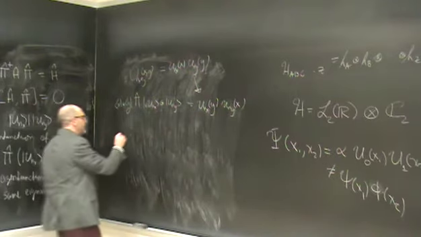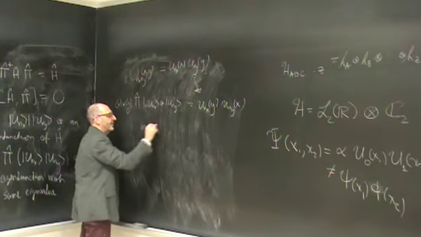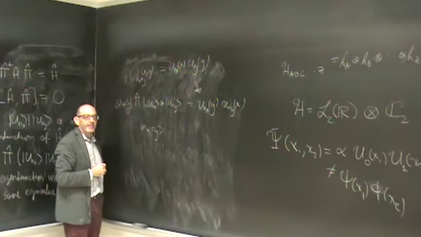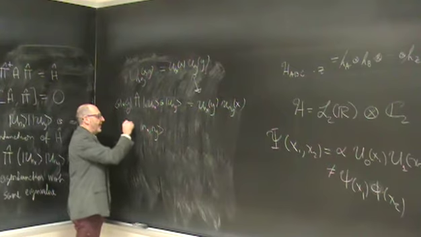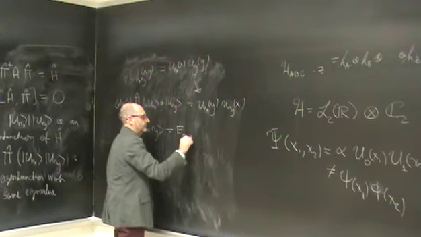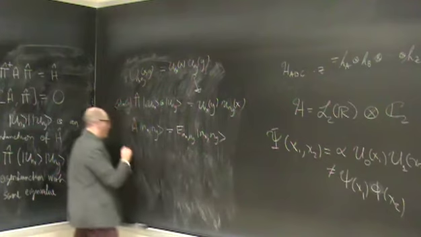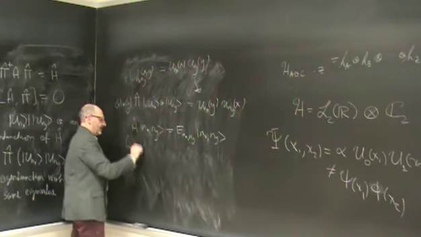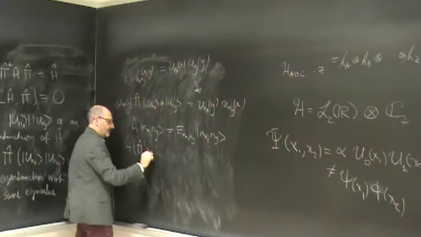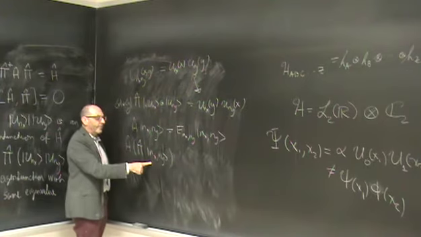You see that because, so now I'm just going to simplify notation even further. I'll just specify them by their eigenvalues. This is the Hamiltonian acting on this with some energy. What is the Hamiltonian acting on the reflected state?